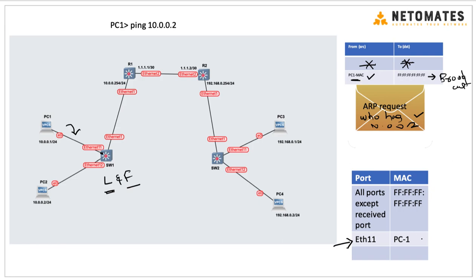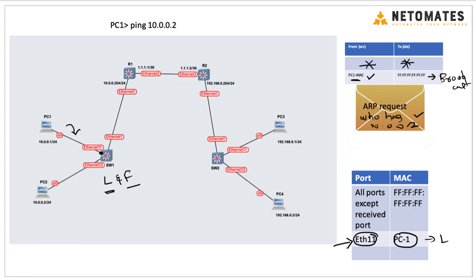Based on this packet, it has received the packet on Ethernet 11 with the source MAC address of PC1. That means that particular machine is behind Ethernet 11. So it will add the entry: PC1 is behind Ethernet 11. This is the learning entry.